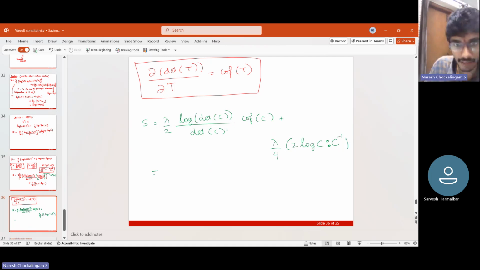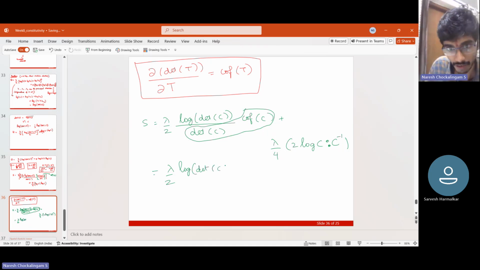Now look at the first term. You have a cofactor of C divided by determinant of C. So you have lambda by 2 log of determinant of C multiplied by cofactor of C divided by determinant of C, plus lambda by 2 log of C. Sorry, this is not lambda by 2.